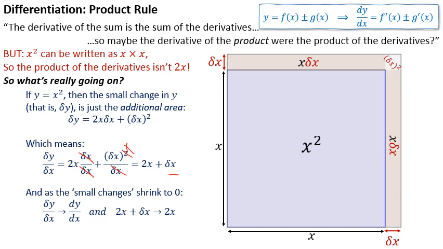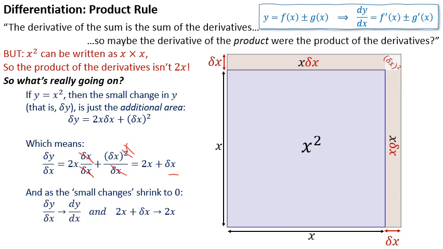So as we shrink those delta x, delta y terms to be smaller and smaller, delta y over delta x becomes dy by dx, and delta x, if it's on its own, it's going to disappear. Another way to think of this is we're looking at how the area of the blue box x squared changes, and the rate at which that box changes is based on the height and the width, or the thin strip at the top and the thin strip at the right hand side.